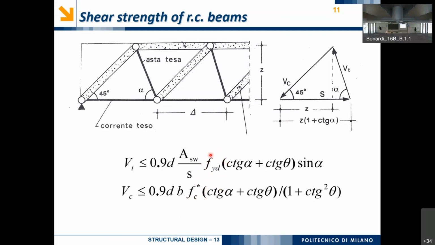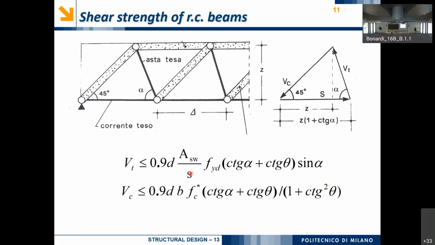And then we will have to compare these quantities with the shear force that is associated to the ties and the strut. But in reality, it is very trivial, because the resistant shear force provided by the tie and the resistant shear force provided by the strut in concrete are given by these two equations that are simply derived from geometry.